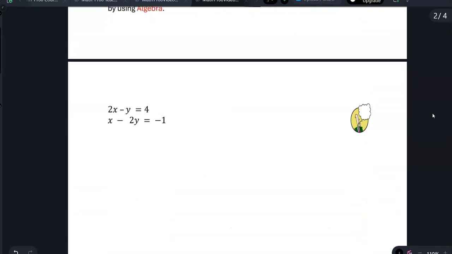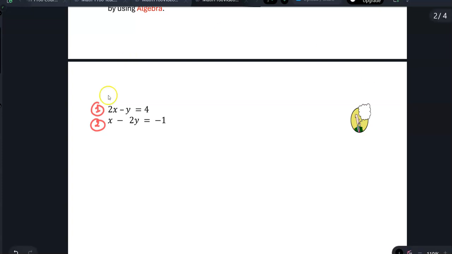Okay, so I rewrite my equations here. I'm going to use some labels. When I label my equation with a number, I will put it in a circle. So I will call this equation number 1, and this equation number 2.